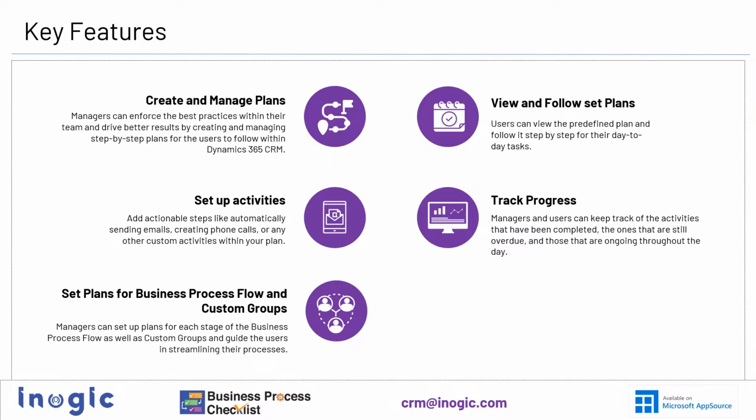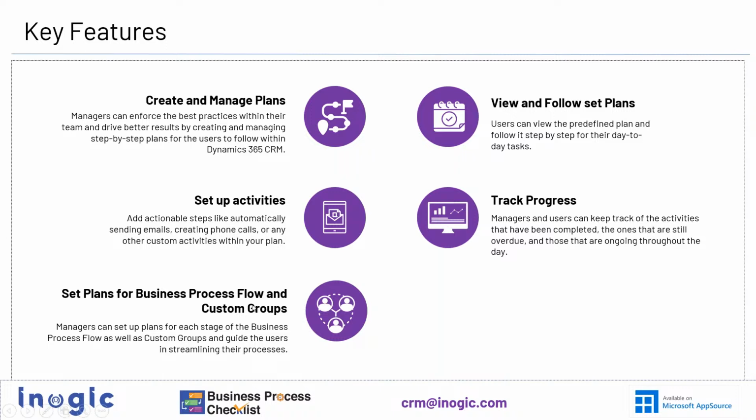And the best part is that you can seamlessly integrate these plans into the out-of-box business process flow. But what if you have certain set of actions which are not covered with the out-of-box business process flow? Don't worry, you can utilize the custom groups in our solution, and I'll make sure to explain custom groups in a bit detail during the demonstration.